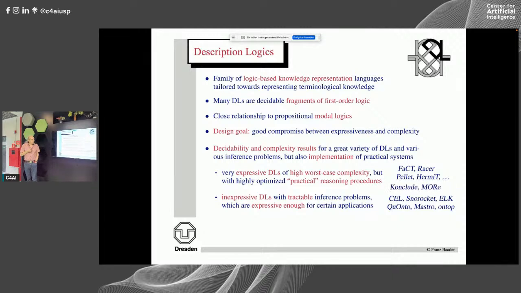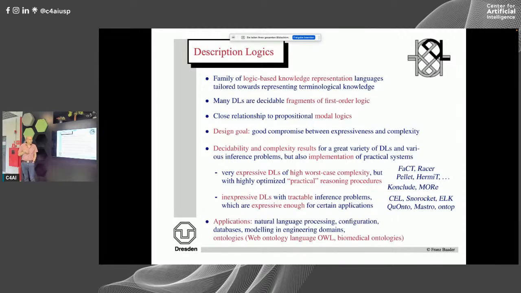And nowadays, there are also some systems in between that have a pay-as-you-go behavior. So basically, if you use them on these inexpressive description logics, they are as fast as the dedicated systems for the inexpressive logics. And the more features you use of expressive languages, the slower you get, but you have to pay for the expressiveness.